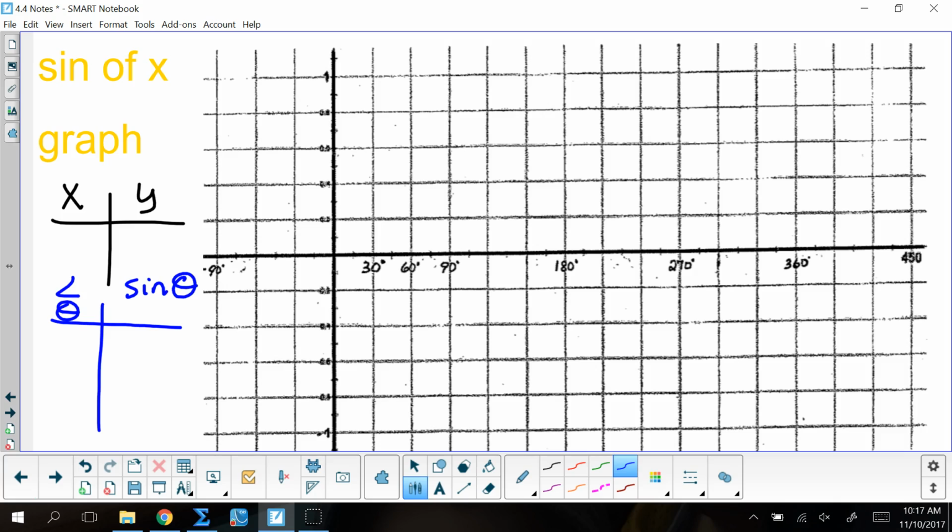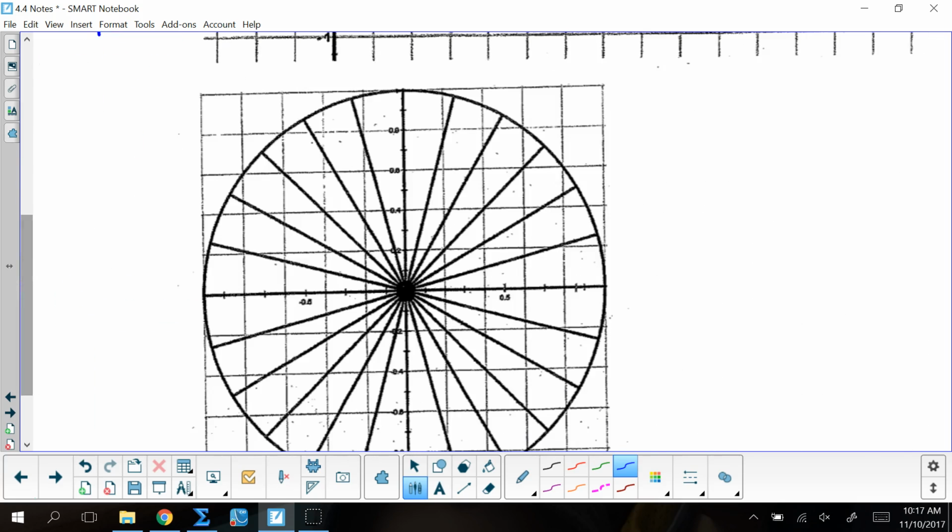Now, if I think about the unit circle, sine is what? Sine is y. So that's verticalness, right? That's up and downs. So if I go to my circle and I want to find the verticalness of 0 degrees, well, tap the brakes.